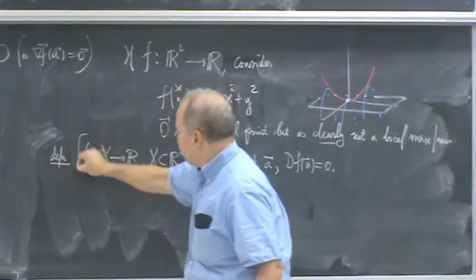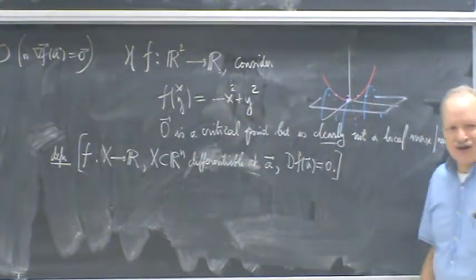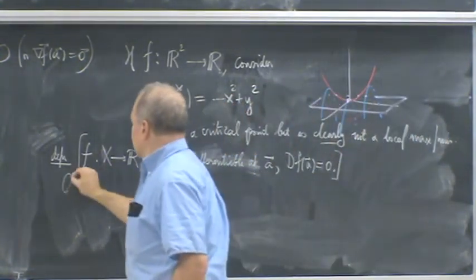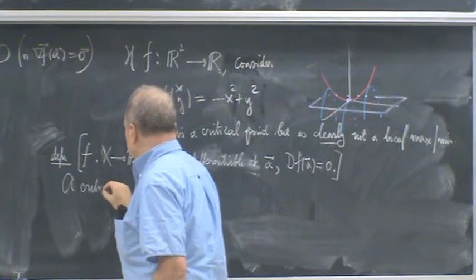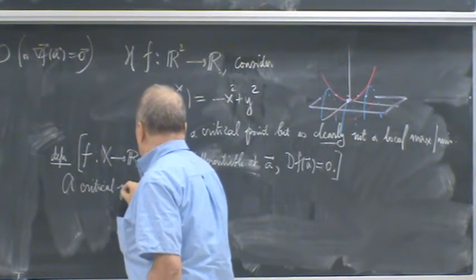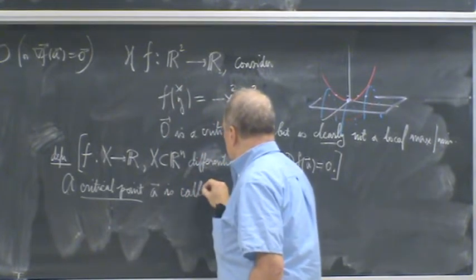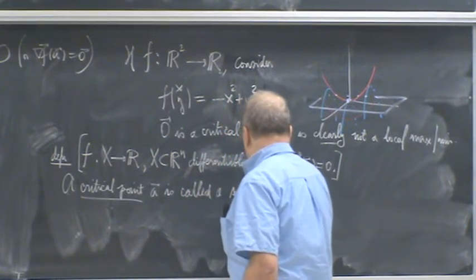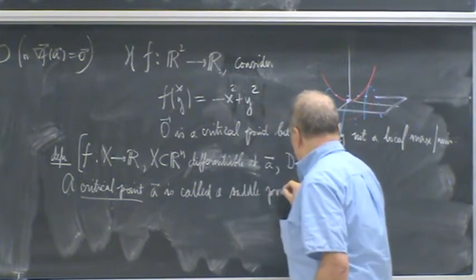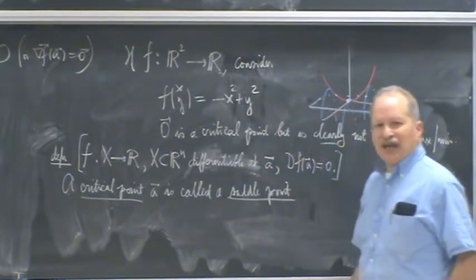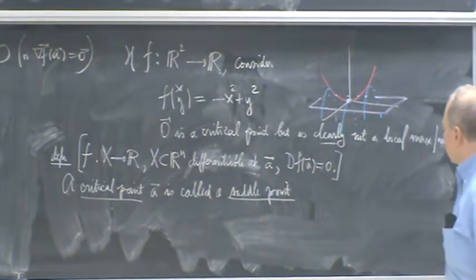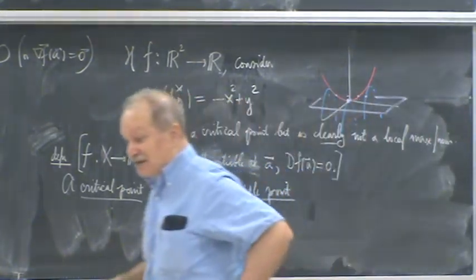Okay, so this is all preamble. A critical point A is called a saddle point if, well, I don't want to talk about second derivatives.